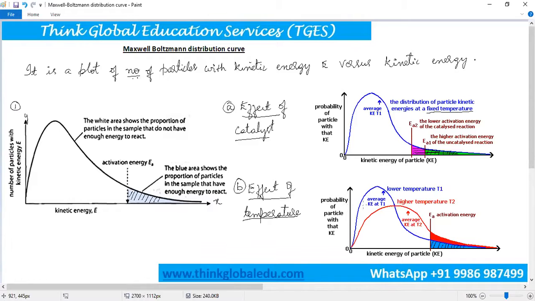And the curve is narrow in nature. As we increase the temperature, the curve will be broadened and more particles will gain energy to form the products, which supports the collision theory that with increase in temperature, particles gain energy and more particles will react to form the products.